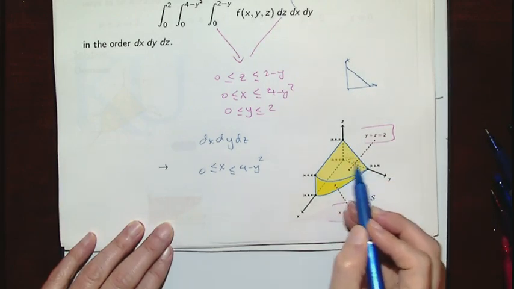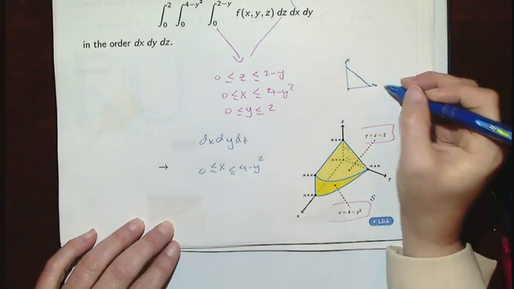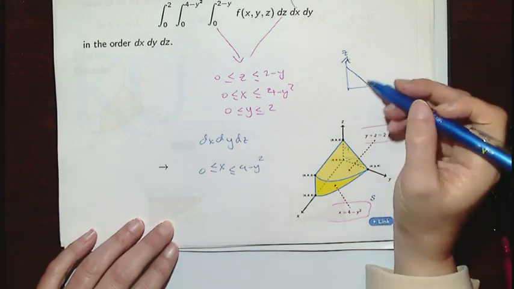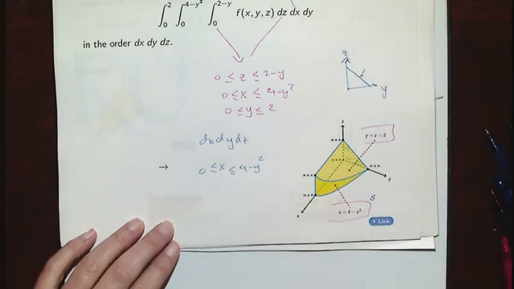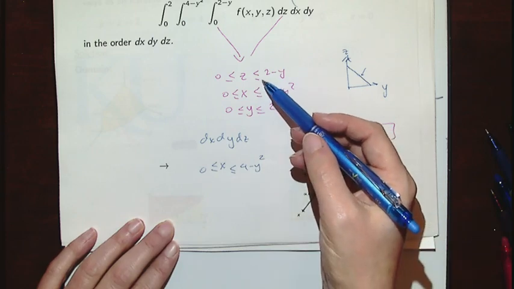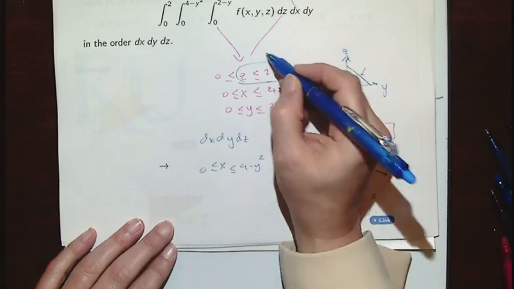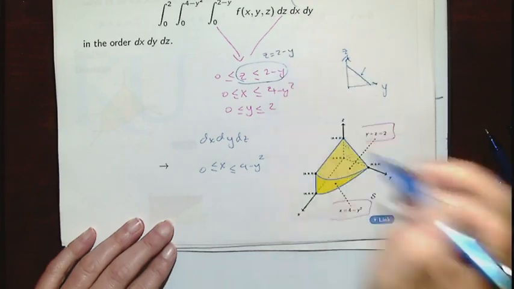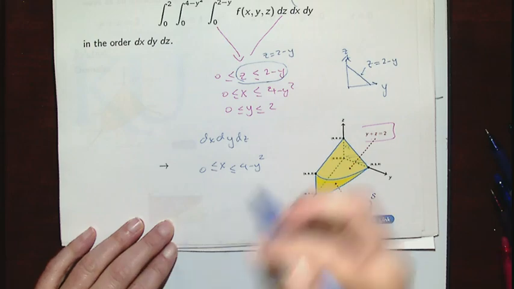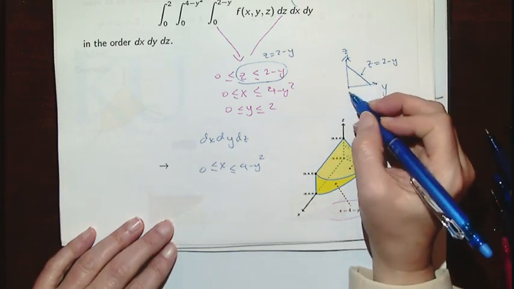Can you see this projection? It's right there. So y and z. And then I have to figure out what this line is. But that line is already given to me. Where is that? Z equal to 2 minus y. And then I have to figure out y is between 0 and 2.